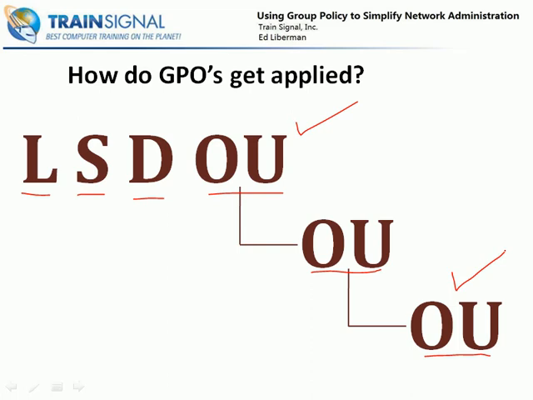Okay? So as an instance, say we had a user sitting in this organizational unit right here, just right on top, to keep it simple. As that user logs in and goes through this LSDOU process, maybe there is a domain setting which eliminates the add remove programs from the control panel, right? That's something we just did.